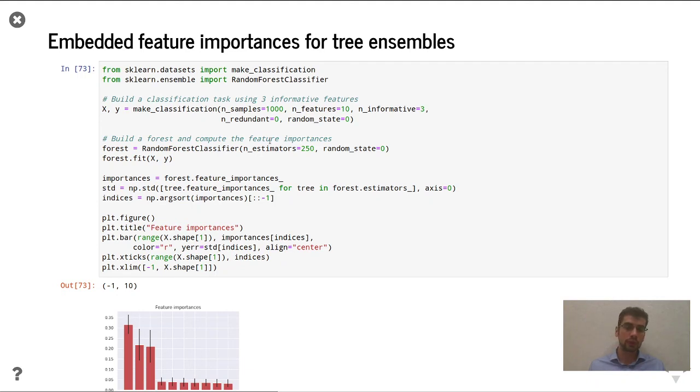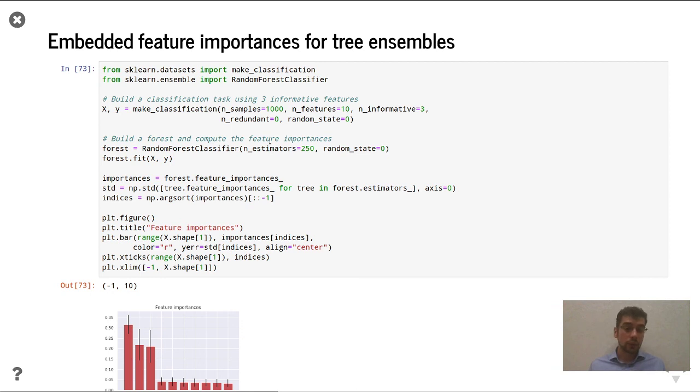Then you can just use a reasonable approach. If one feature provides a significant reduction of your objective function in total, I mean if you count all the splits and all the trees in your ensemble, then this feature is an important one. And if a feature provides only a really tiny reduction of your objective function, it seems that this feature can be ignored or dropped from your model.